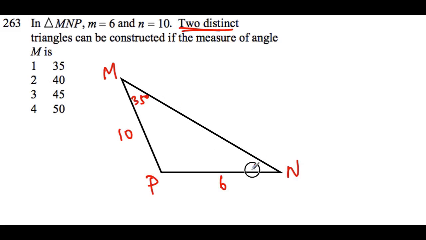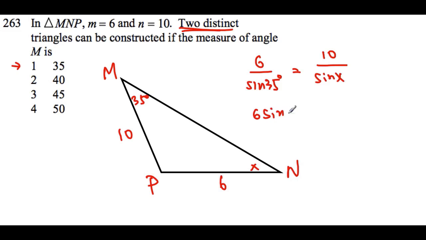Then we're going to try to find out this angle first. So that's our first option. We'll see if it's true or not. Let's try to do this one together. So here we get 6 over sine of 35 must be equal to 10 over sine of x. When we cross multiply, we get 6 sine of x, which is equal to 10 sine of 35.